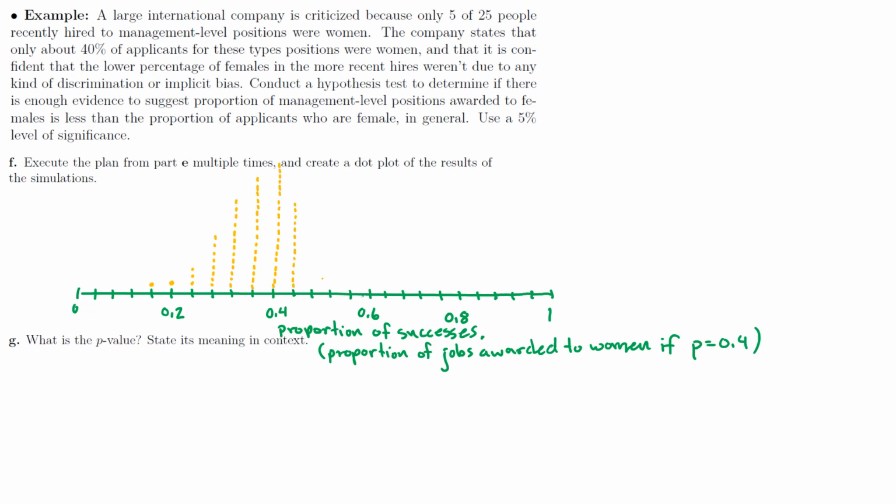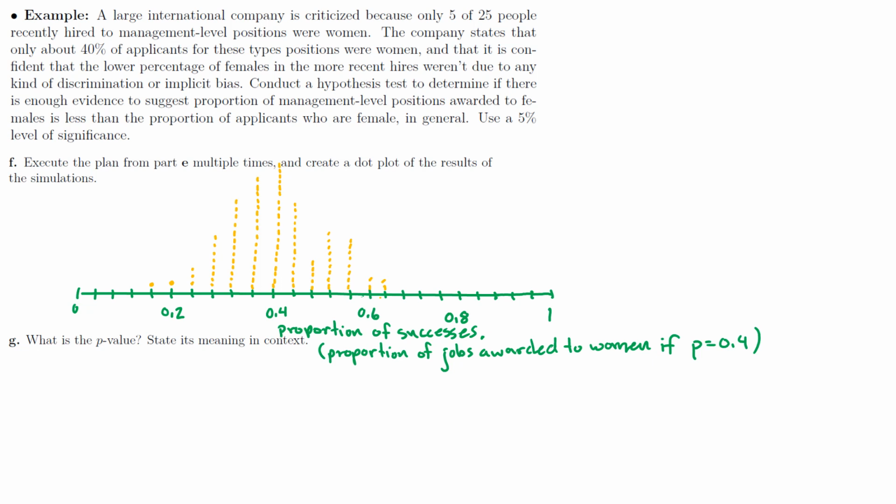And then 5. And 9. Eight. 2, and 2. So we got a total of 100 dots there.